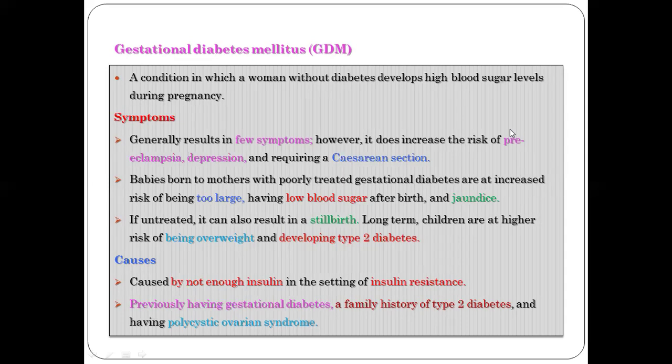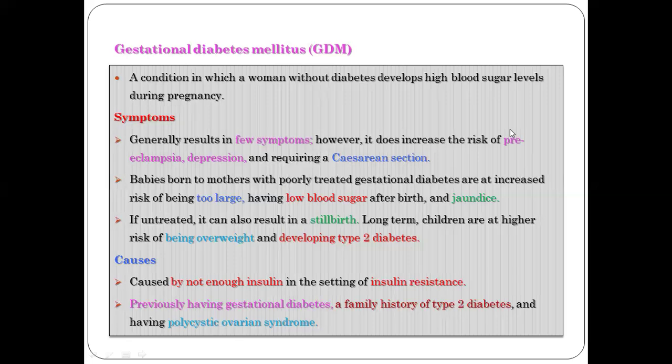If untreated after diagnosis, if we are not going to treat, it can also result in a stillbirth. A stillbirth means the baby is born but dead. In the long term, children are at higher risk of being overweight.